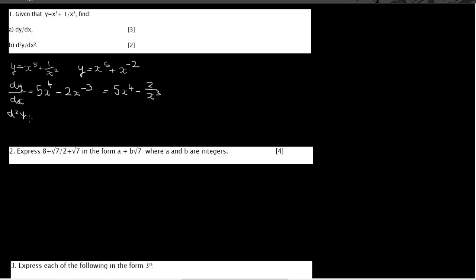B, with d2y/dx squared, we differentiate again, so we go 4 times 5 is 20x, 4 minus 1 is 3, that's plus 6x, then minus 4. So minus 3 times minus 2 is plus 6.